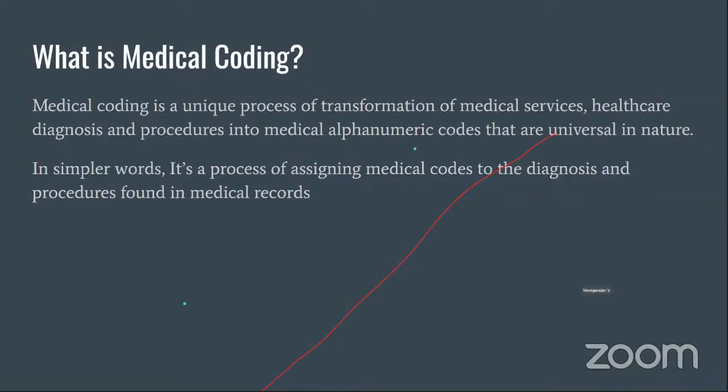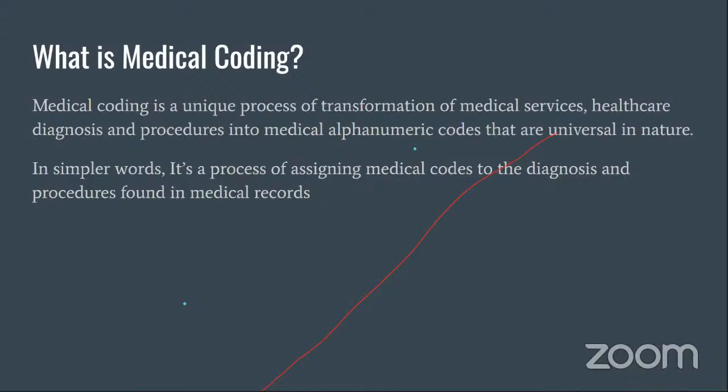Then I worked in a company named Outcomes Health Information Solutions in the United States. Later, after we moved back to India, I started training people. I started my first batch in 2016 to train people in medical coding.